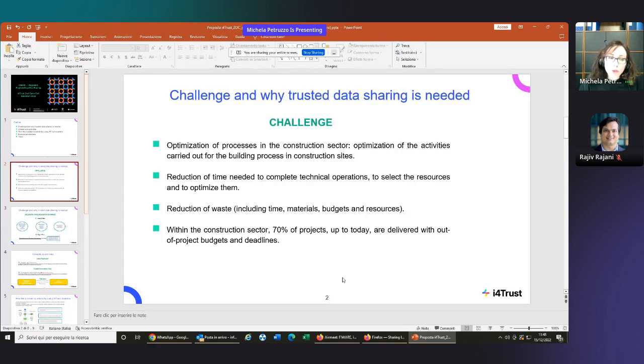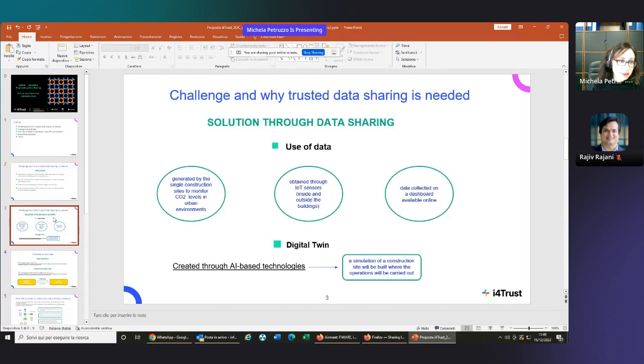The challenge is the optimization of processes in the construction sector, both in terms of time, so reduction of time needed to complete the technical operations, and resources, and also in terms of waste: time, materials, optimizing the use of resources and budget. We know that 70% of the projects in the sector are out of time, deadlines and budgets.